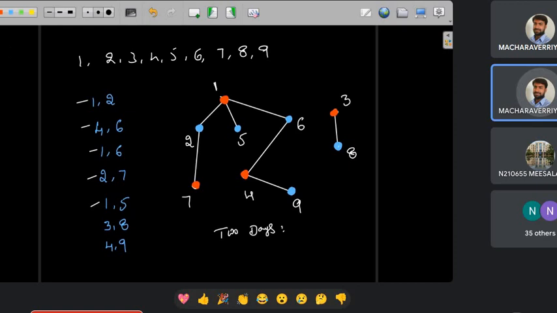So what exams are you going to conduct on the first day? On day 1, you go with courses 1, 7, 4, 3. On day 2, we conduct courses 2, 5, 6, 9. Okay. Even though you have 9 courses, just 2 slots are enough for this situation. Because courses 1, 7, 4, 3 do not have any common students.